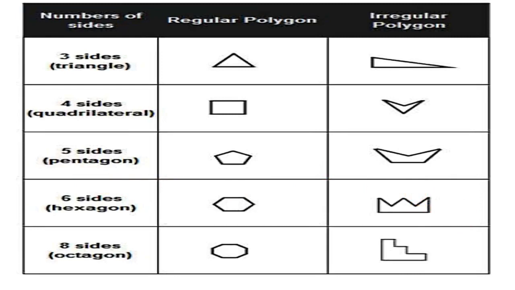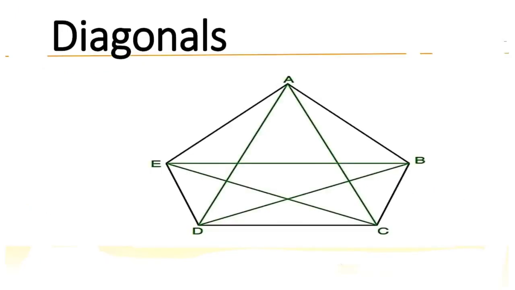Now we are going to see the diagonals. You may know already: whenever you connect 2 vertices, the corner points. Can you see that I have named the vertices A, B, C, D, E?